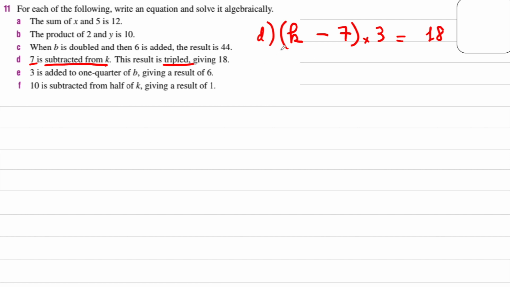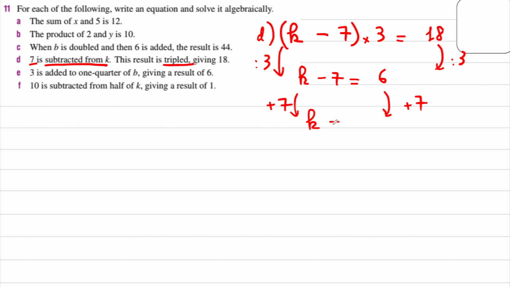Triple means multiply by 3. So the first step, you need to divide by 3. After dividing by 3, K minus 7 equals 6. And then plus 7 here, plus 7 here. This is K and this is 13. K equals 13. Okay.